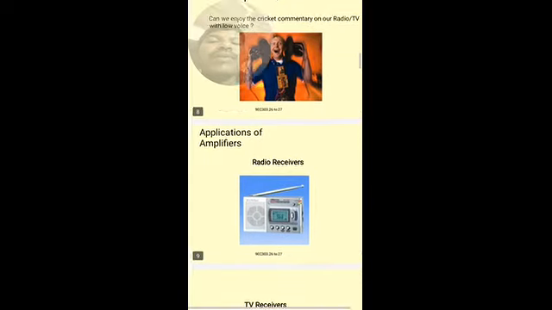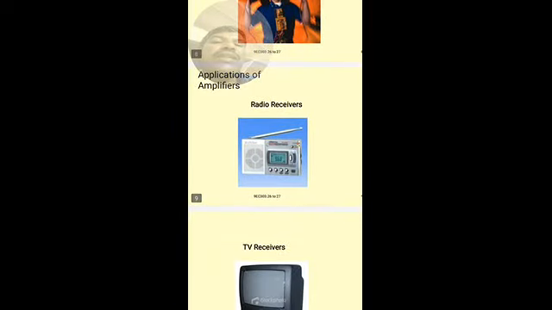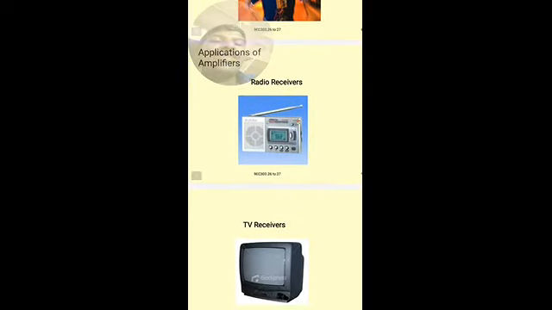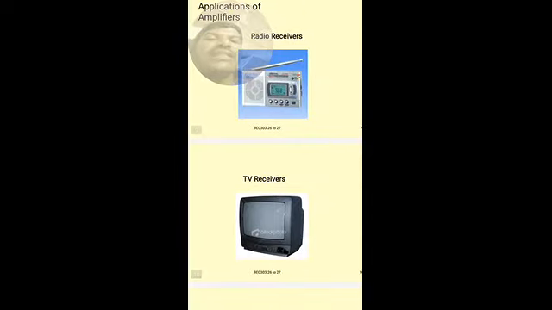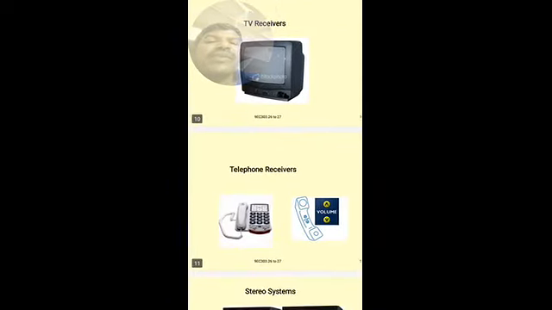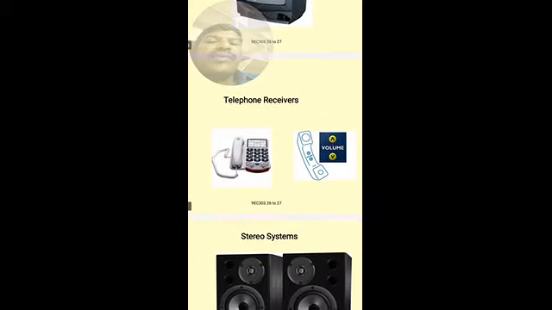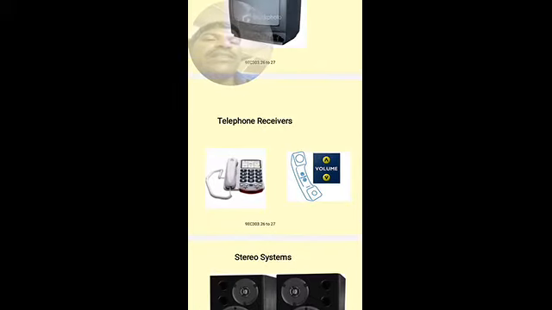We'll see the application of amplifiers in radio receivers, TV receivers, telephone receivers, because the received signal amplitude is very small, as it comes from a long distance. The signals arrive from a long distance, from a satellite or from an antenna or microwave receiver located at a large distance.